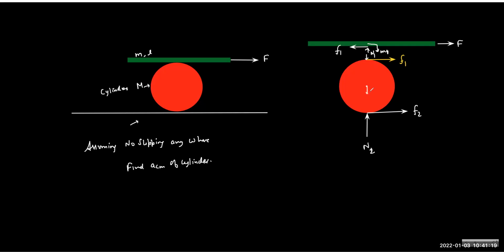So I have shown all the forces for the plank and for the block separately. Then you're supposed to assume the acceleration of the center of mass as ACM, and it will have alpha this way, and then you can just solve it.